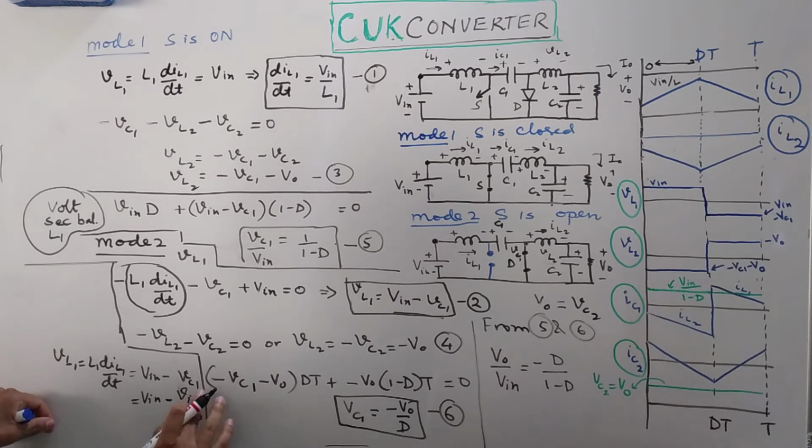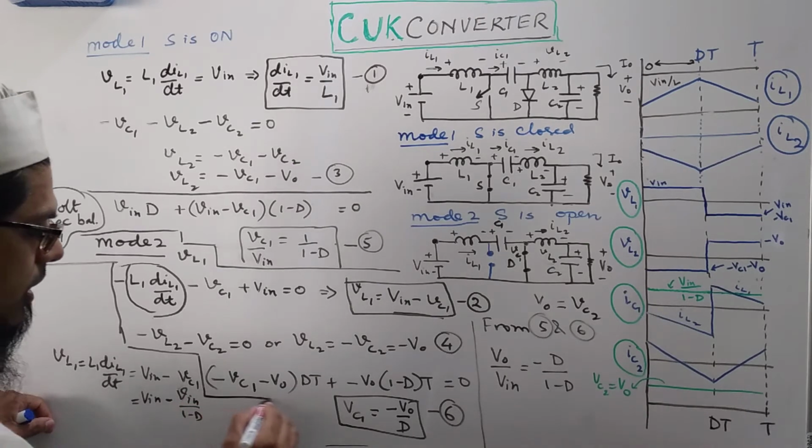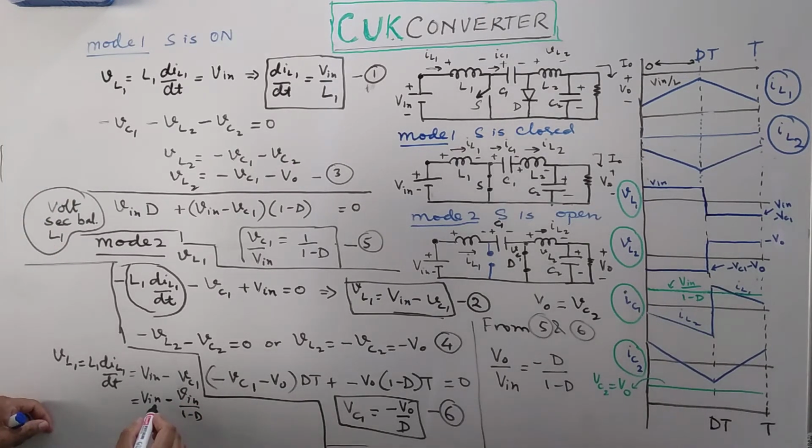Clearly, if I take Vin common, it becomes 1 minus d minus 1 gives you minus d upon 1 minus d.